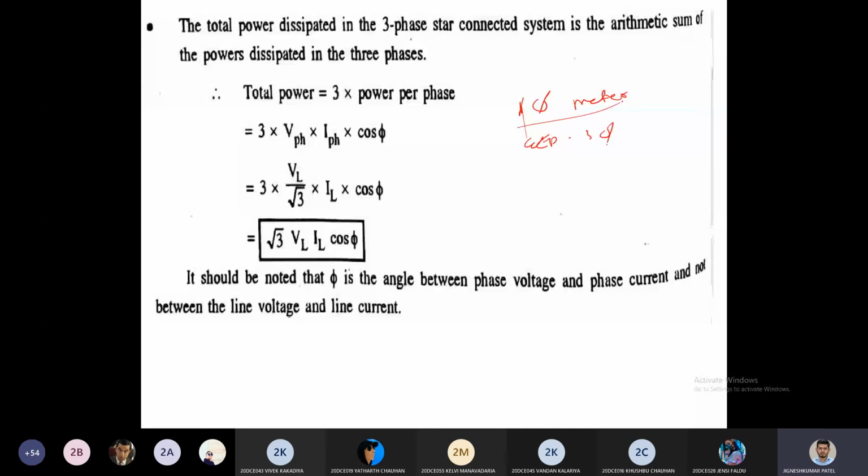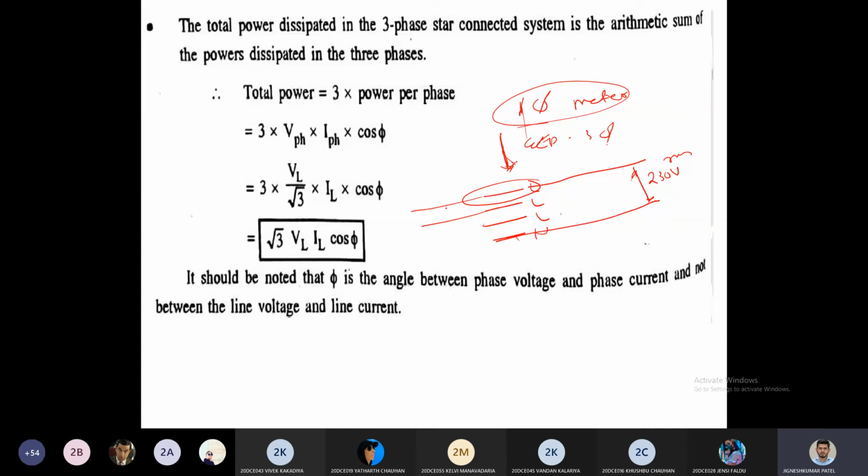So if you are using a single phase meter or single phase at your home, what does that mean is there would be a 3 phase line like this along with a neutral, and in your society or your home you are only getting one line and one neutral, and that's why between one line and one neutral you will get 230 volt RMS value.